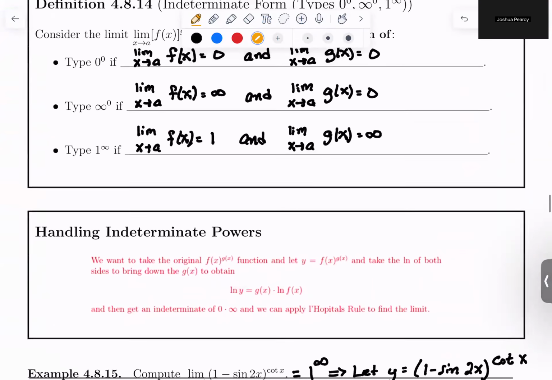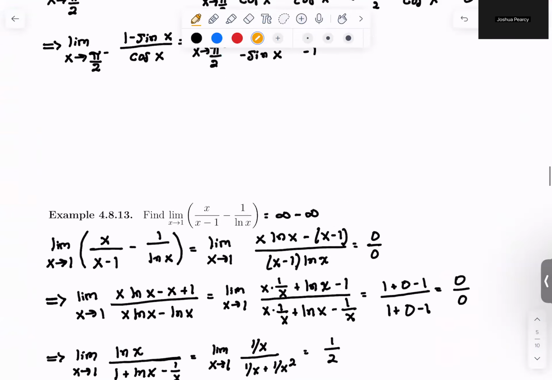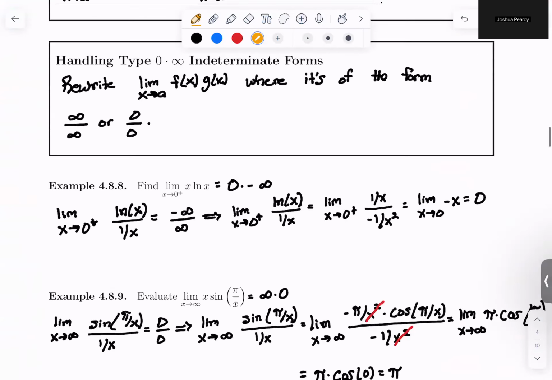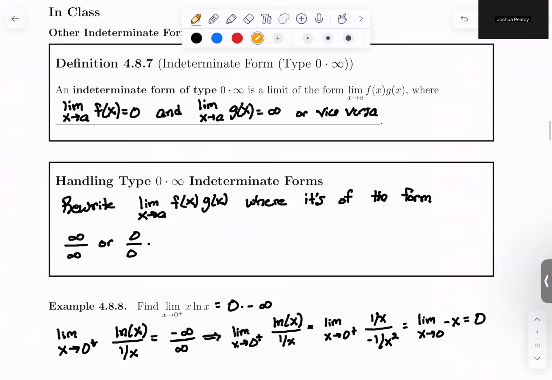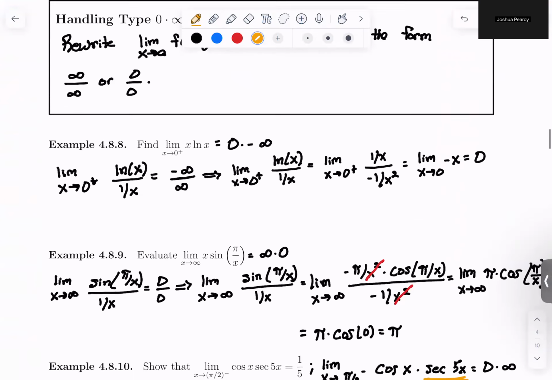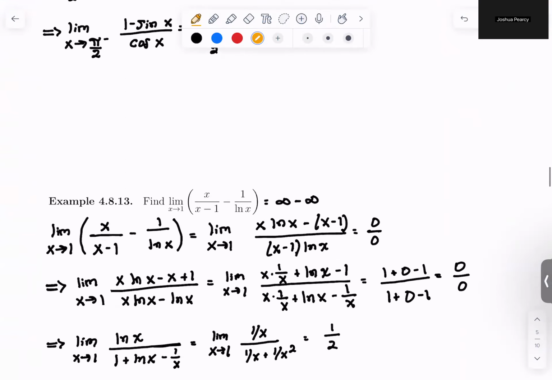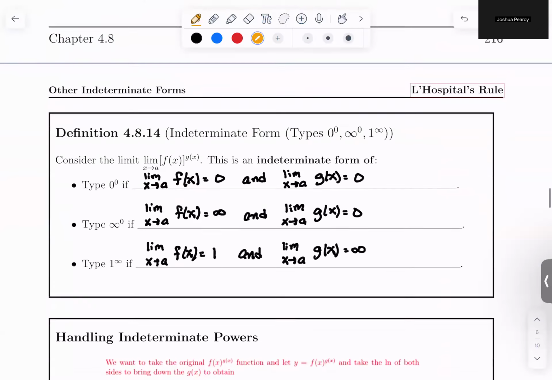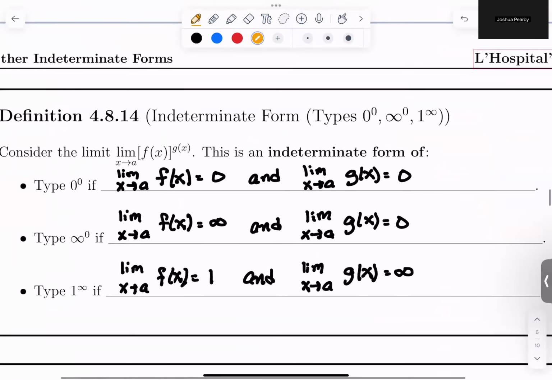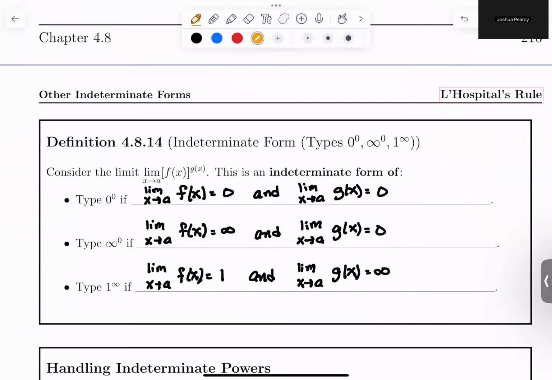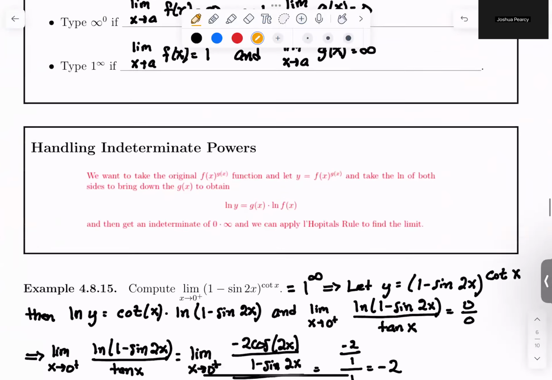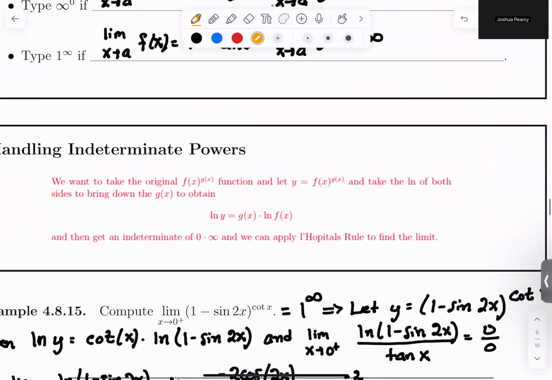So then, just like how we had up here, how do we want to do this? We want to rewrite it some way we can have it of the form infinity over infinity or 0 over 0. So this one here, since we have something to some power, what we want to do is actually take the natural logarithm. So here's how we do this. We want to take the original function, f of x to the g of x, and let y equal f of x to the g of x, and take the natural log of both sides.